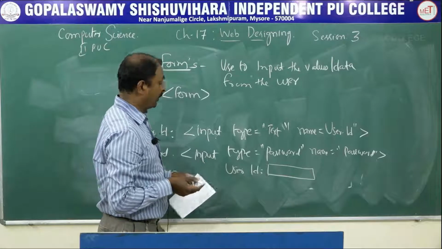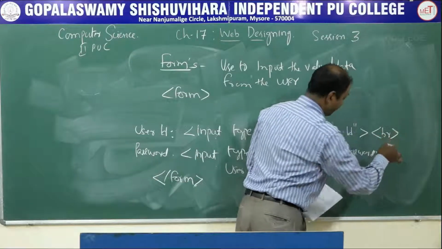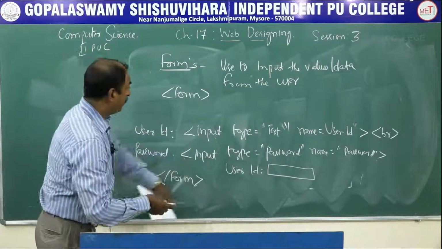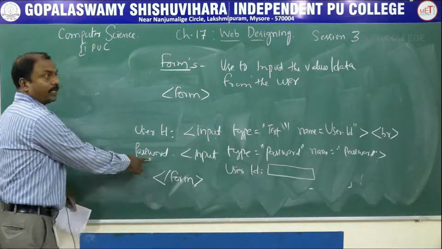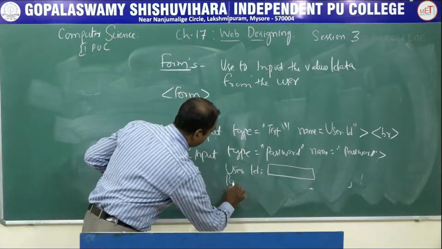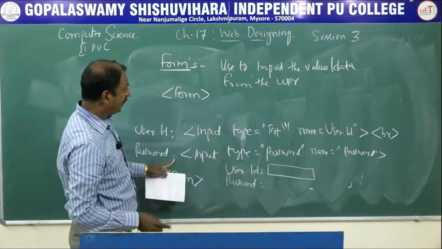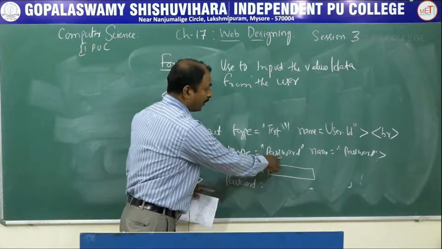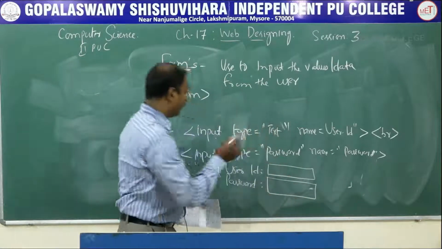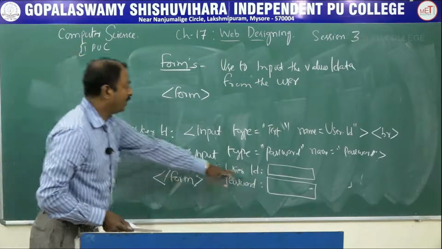And after this, if you use the BR tag, that is line break, immediately after this we have the second syntax, password. So this is password colon, and here input type is password. It has one more text field here. So the output of this small syntax would be like this.